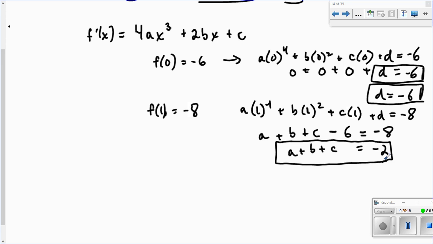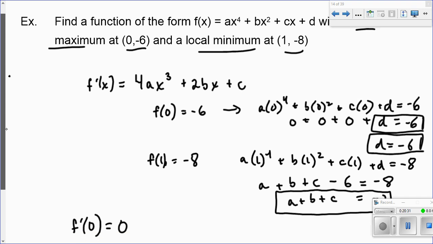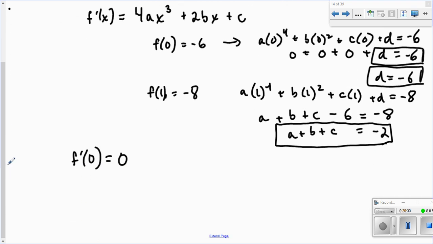Next thing I'm going to do is plug in this particular situation. This is gathered from the fact that I was told I have a local maximum at (0, -6). So that means I use my derivative function, set x equal to 0, and the resulting f prime at 0 is equal to 0 because it's a local maximum. So what is my derivative function here? 4ax to the power 3 plus 2bx plus c.